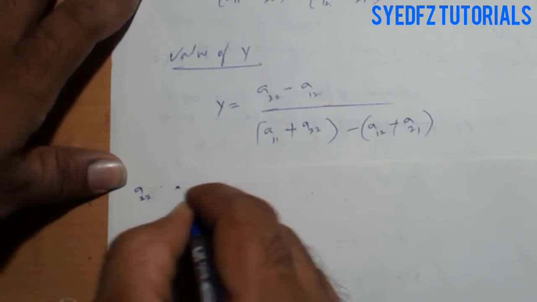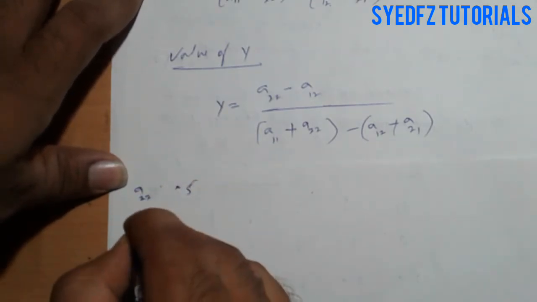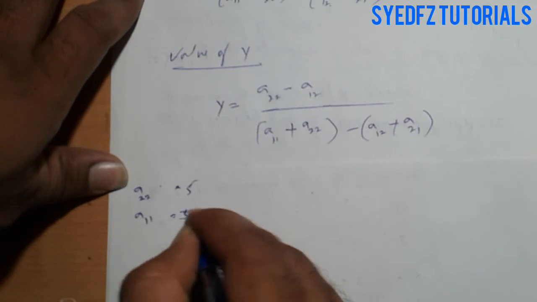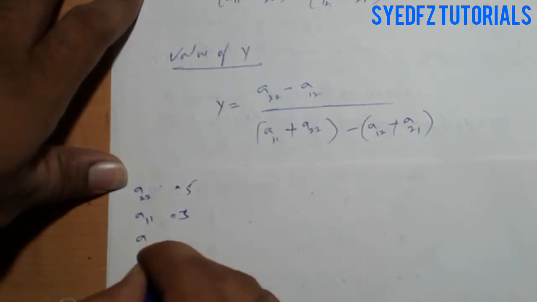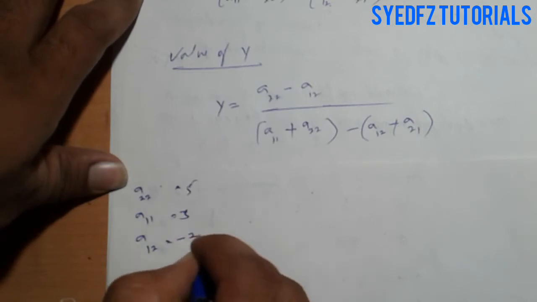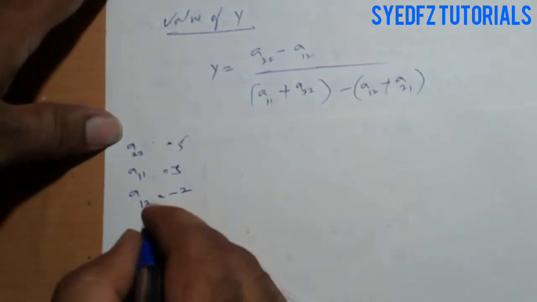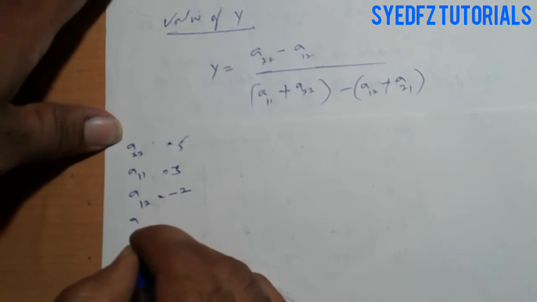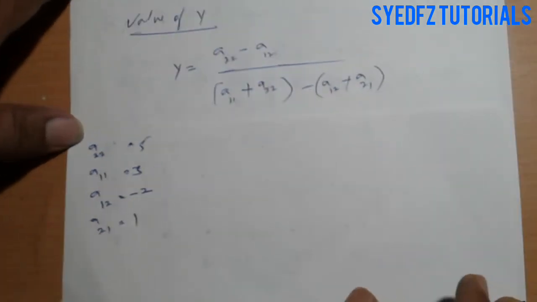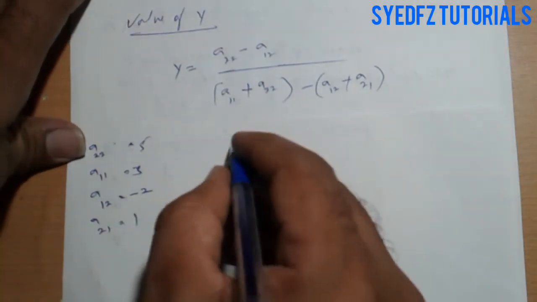A22 is 5, A11 is 3, A12 is minus 2, A21 is 1. So insert into this formula, the y formula.